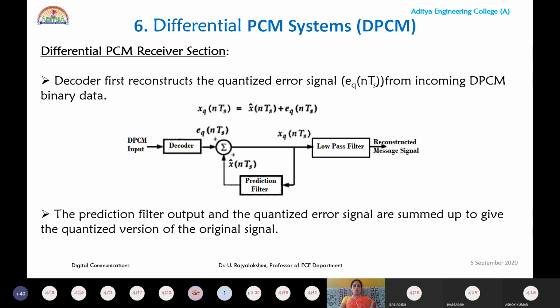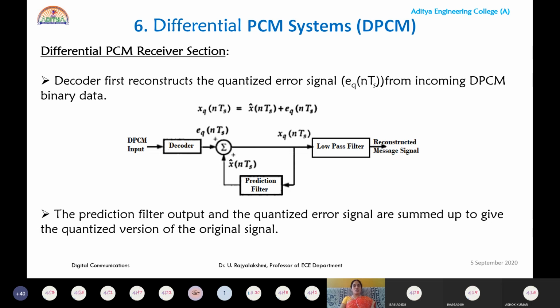The decoder output is the quantized error signal eq of nTs. Now this eq of nTs is added with the past sample data provided by the prediction filter. So the summer generates the quantized version of the original signal, because xq of nTs is equal to eq of nTs plus x cap of nTs.